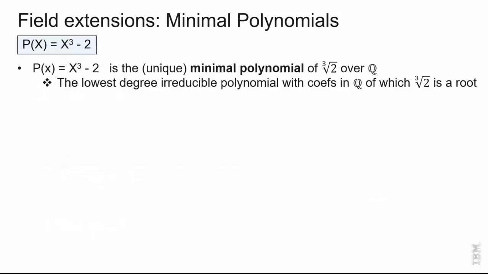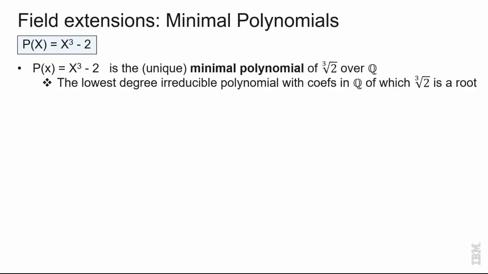So you cannot find any polynomial of degree 0, 1, or 2 that has the 3rd root of 2 as a root, with the important requirement that this non-existing polynomial must have rational coefficients.